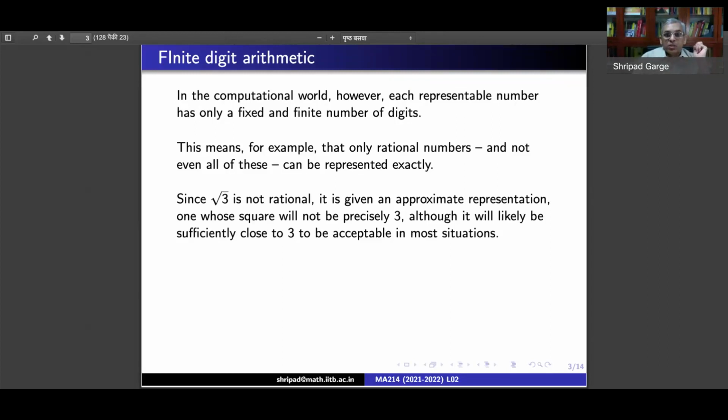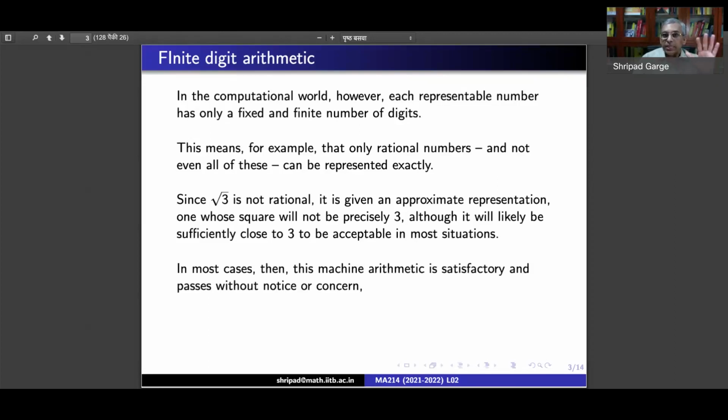So in most cases this machine arithmetic is satisfactory, and will pass without notice or concern. But at times problems will arise because of this discrepancy, that we don't have exact representations for the numbers that we work with.